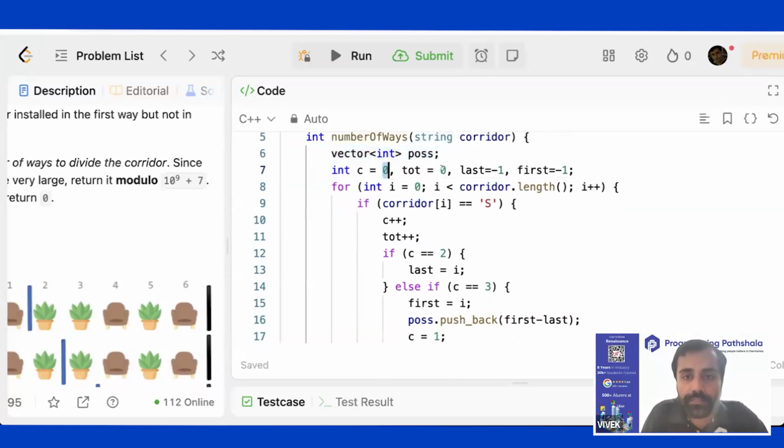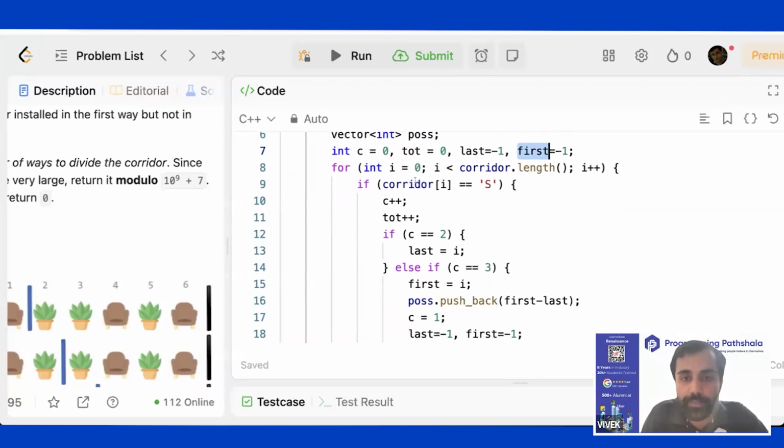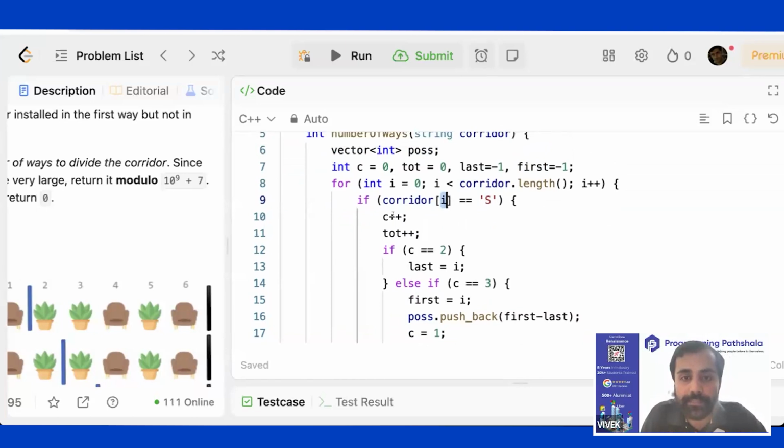So I have a count, and then I have a total, and then there are some variables like last and first. What I'm doing is, if the ith character is a seat, I'm doing count plus plus and total plus plus. Total plus plus is to simply count how many seats there are, the total count of seats.